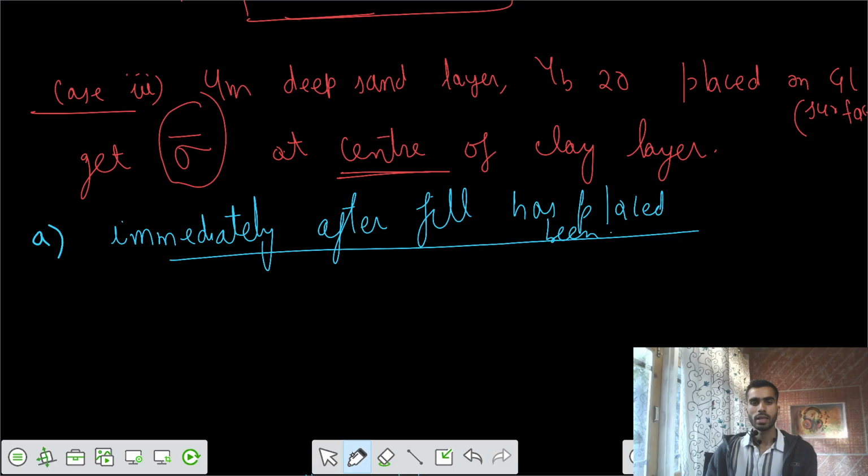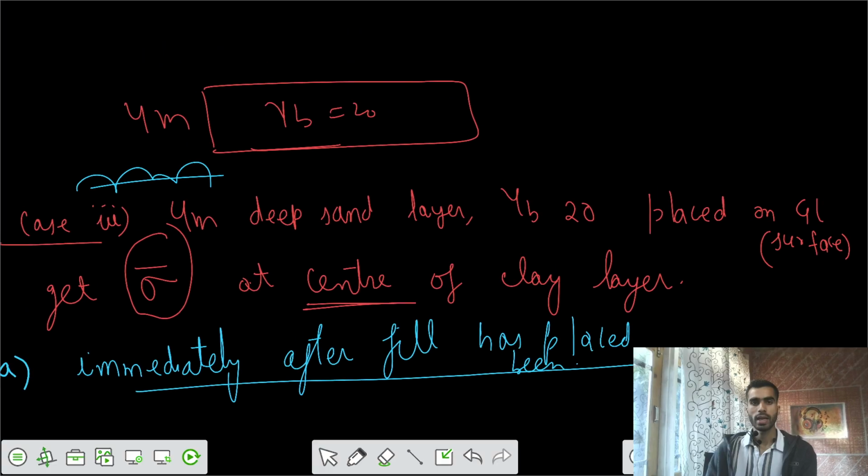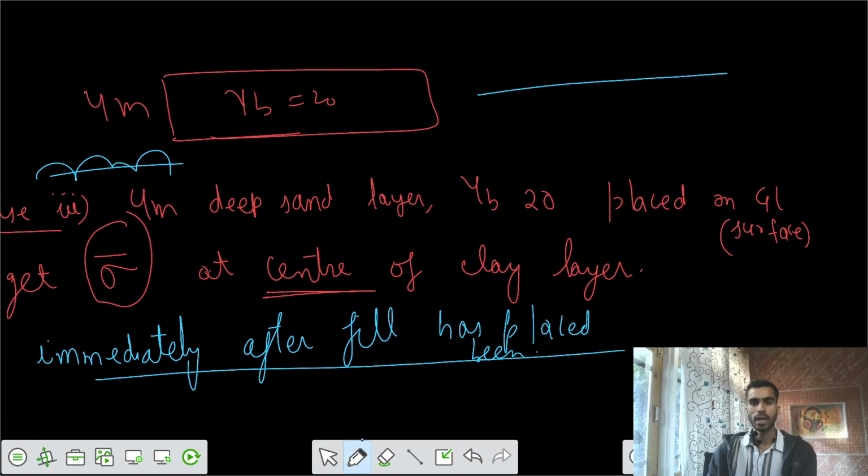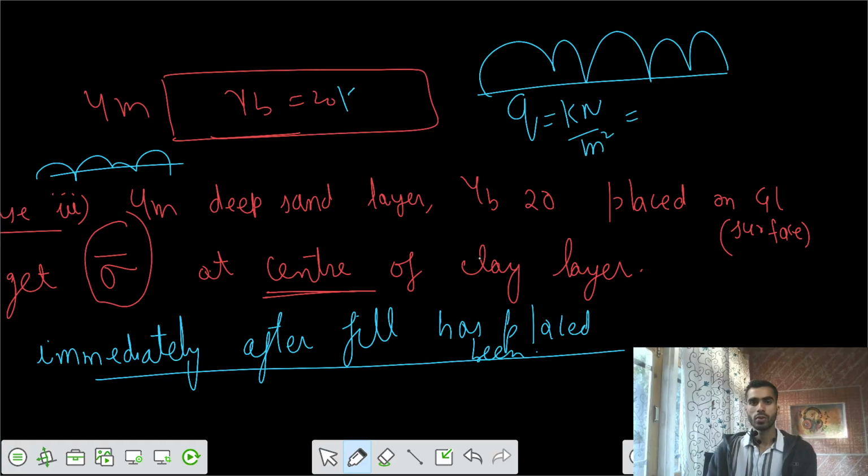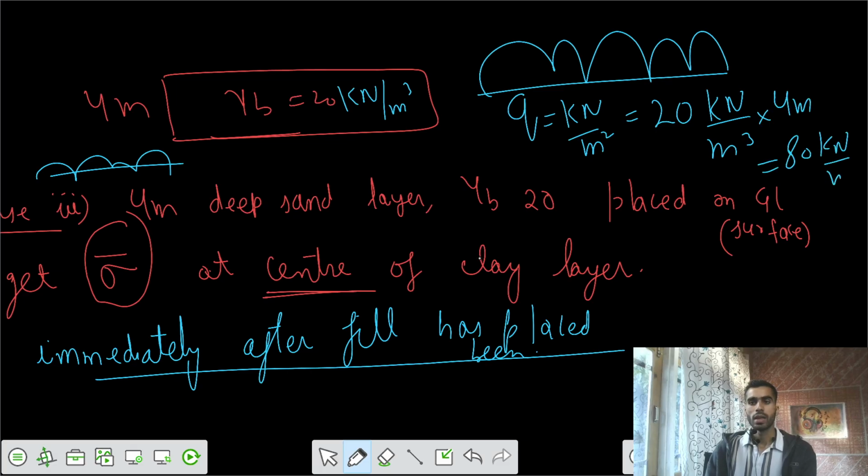So we can convert this 4-meter sand layer as a surcharge of Q, which is a stress in kilonewton per meter square. How can you convert that? If you have 20 kilonewton per meter cube for 4 meters, the stress is 20 kilonewton per meter cube into 4 meters, that's 80 kilonewton per meter square acting on a cross section area of a meter square.